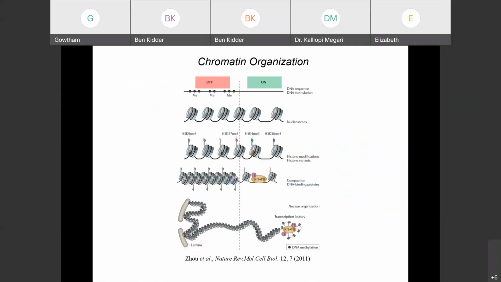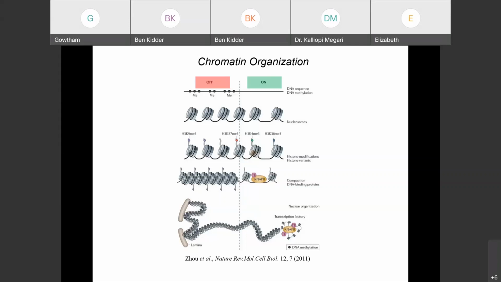Essentially, if we boil it down, the chromatin is compartmentalized into a silent state that's compact, or a transcriptionally active state that tends to be more open. There are different features associated with these two states. DNA methylation is usually transcriptionally repressive. There's also increased density of nucleosomes, and histone modifications that are specifically enriched at repressive regions such as H3K9.